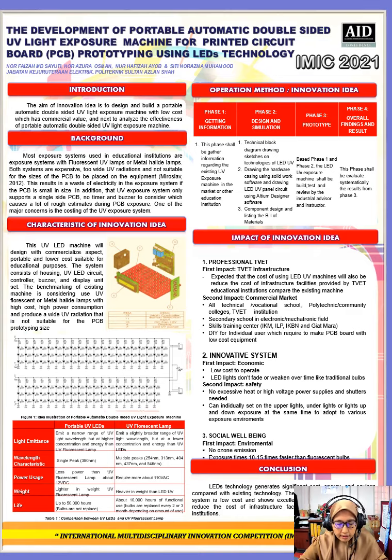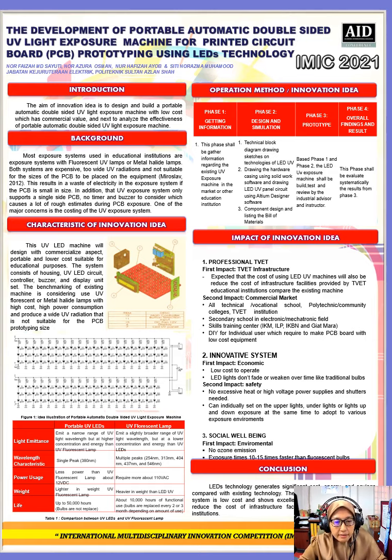The portable UV LED emits a narrow range of UV light wavelength but at a higher concentration and energy than the UV fluorescent lamp. The UV fluorescent lamp emits a slightly broader range of UV light wavelength but at a lower concentration and energy than the UV LED.